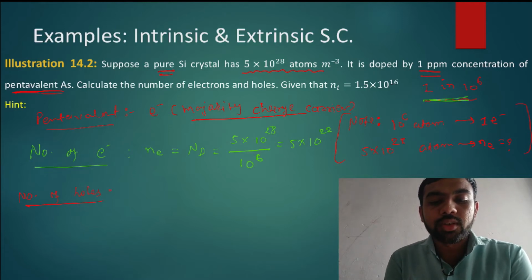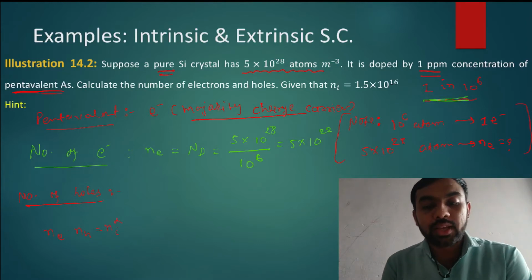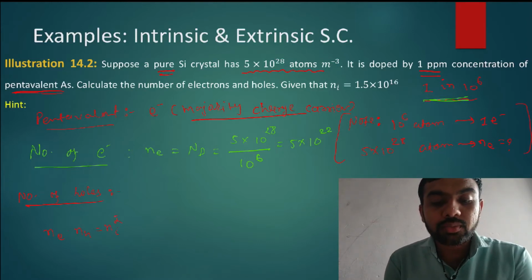Number of holes. How do we get this number of holes? So Ne into Nh is equal to Ni square, as we discussed in the theory session. So Nh is equal to Ni square upon Ne.